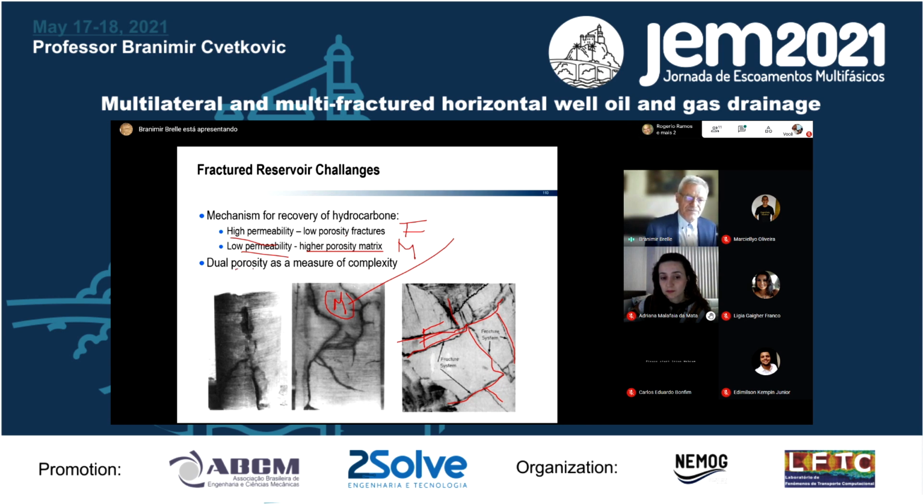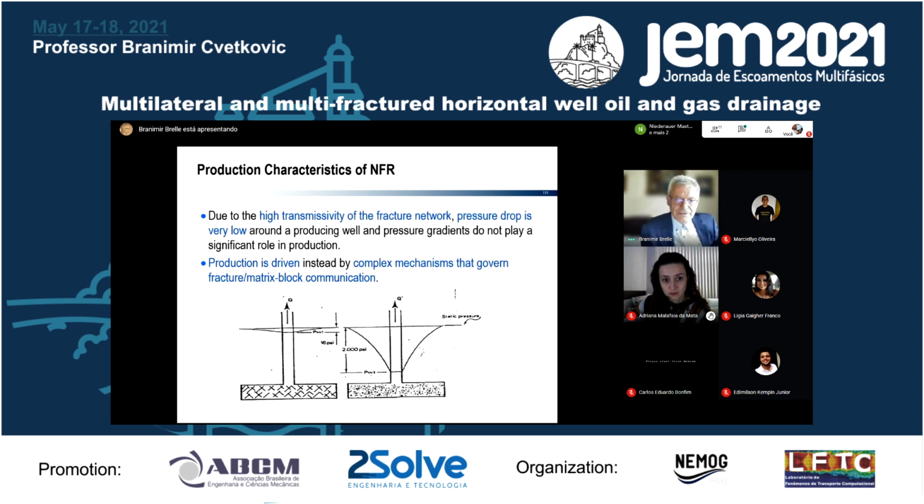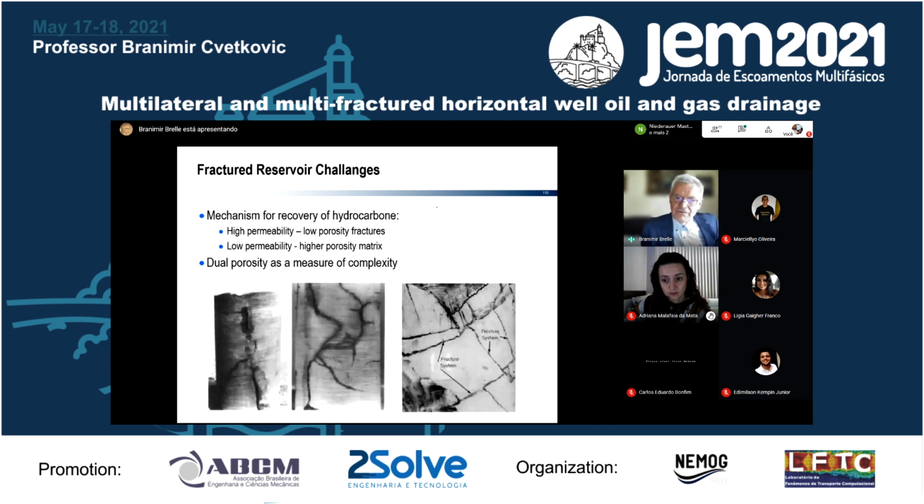So this is the dual porosity measure, a measure of complexity of the system. So you have to simplify that somehow. There were some Russian scientists who came with a model, how they should deal with these unknowns. And they said, okay, we will make the fracture model, which is going to be like this.